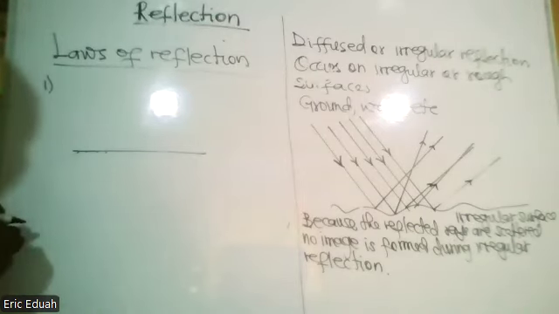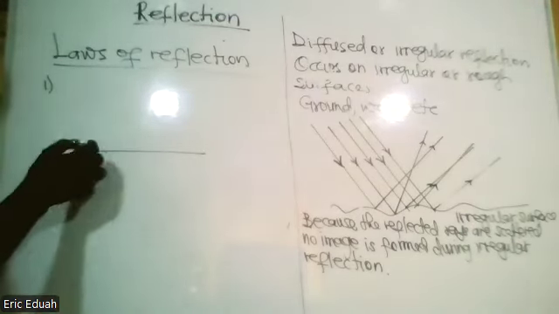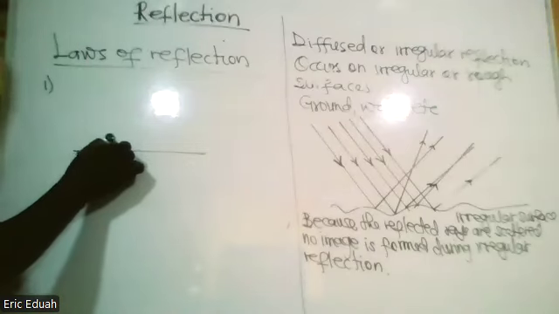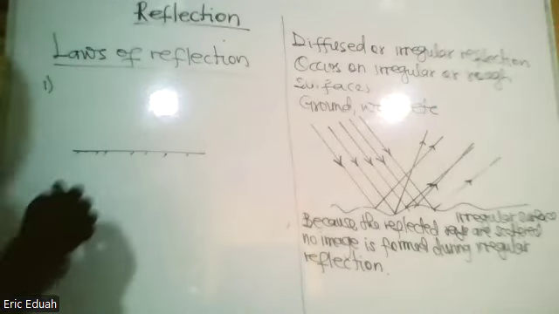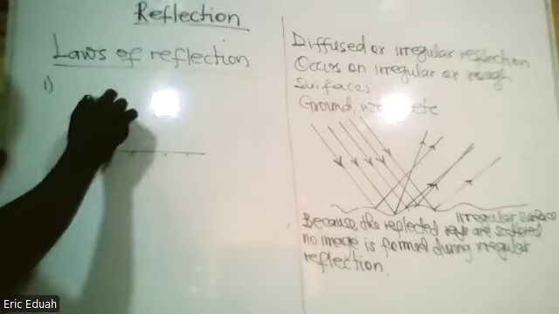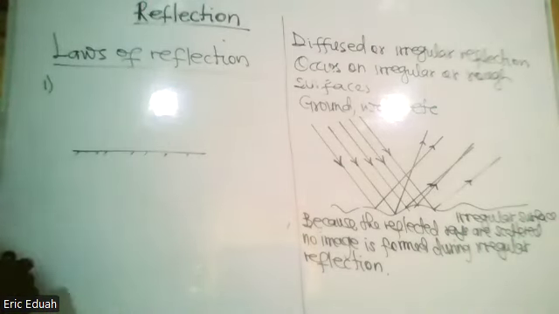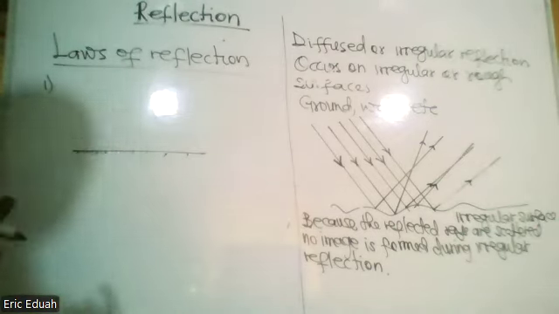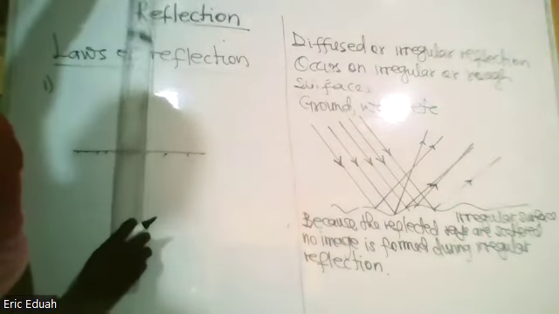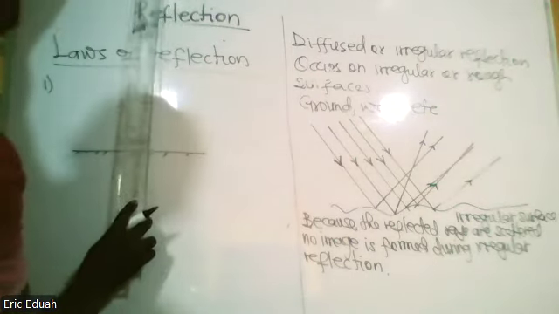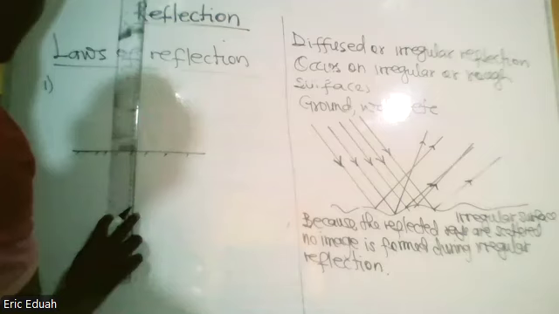It can be rough, it can be smooth. Now, for reflection, we always draw an imaginary line which is always perpendicular to the surface.